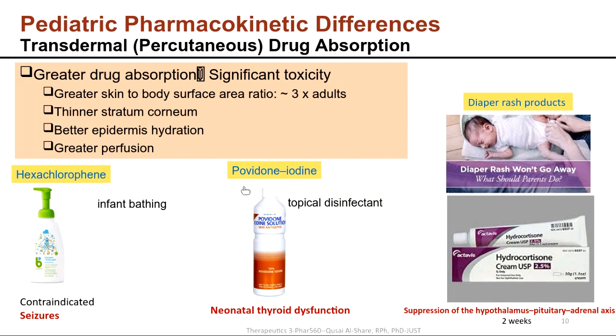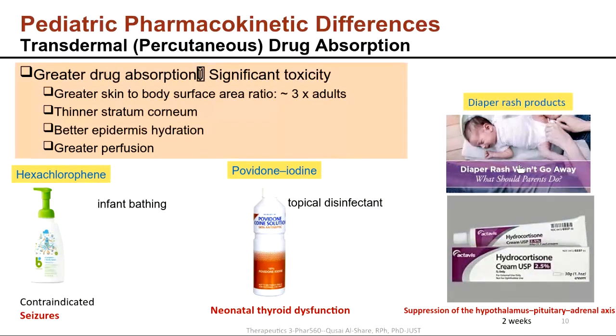Number 3 example is the diaper rash products. When you work in the pharmacy, never give hydrocortisone or corticosteroid topical applications for diaper rash. It's a pretty common problem in children, especially at the younger ages.